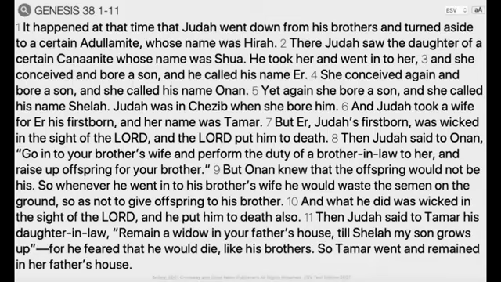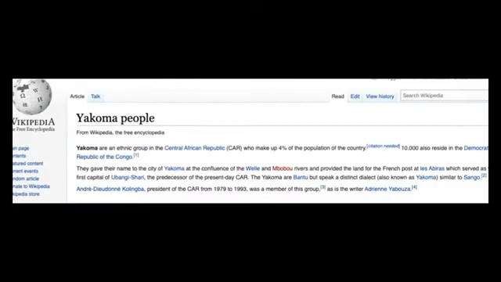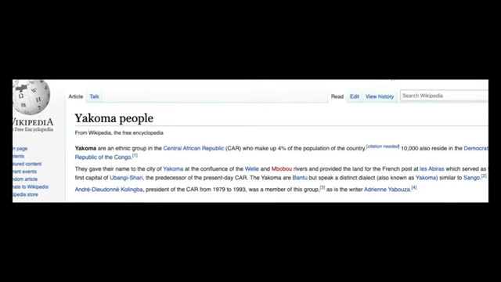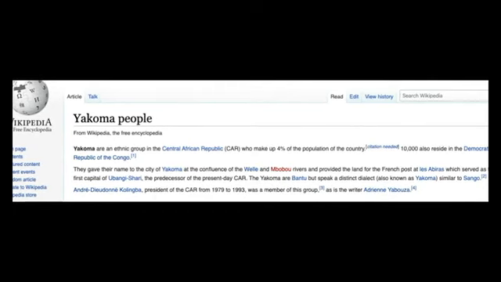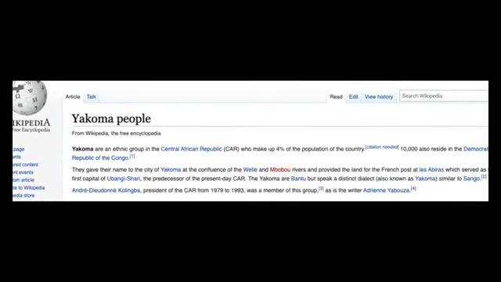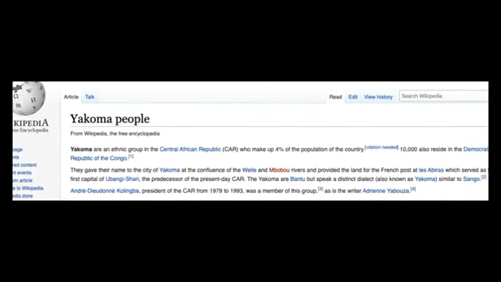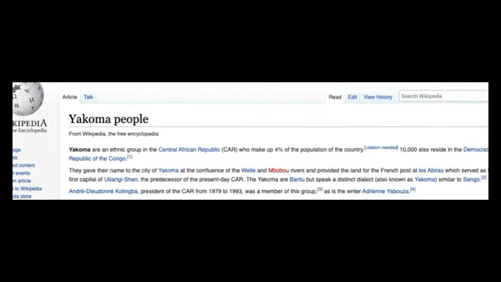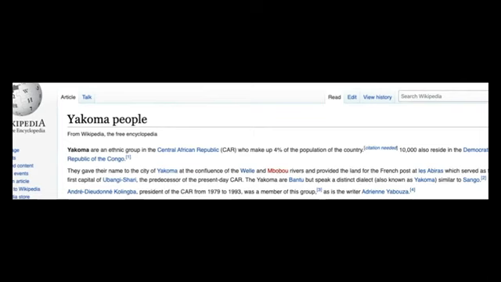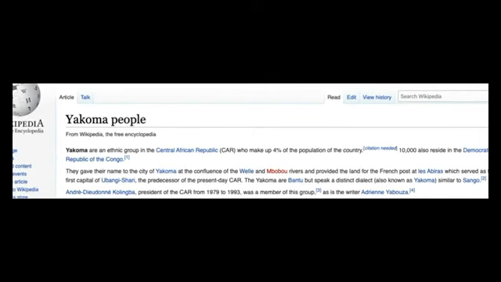Because they didn't have any child together, he wanted his other sons to beget children on behalf of his deceased son. And this is what the Yakoma people are doing in Africa.